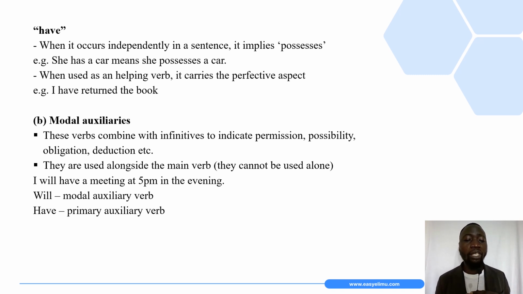Consider the example below. I will have a meeting at 5 p.m. in the evening. So in the sentence, we have the modal auxiliary verb will used alongside the primary auxiliary verb have. So the modal auxiliaries cannot be used alone.